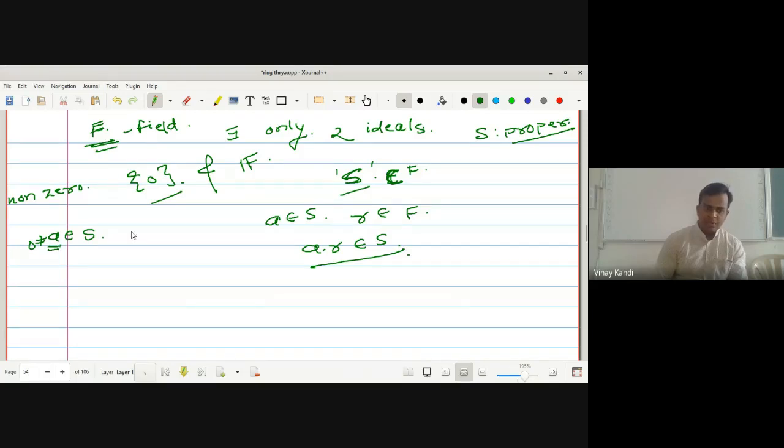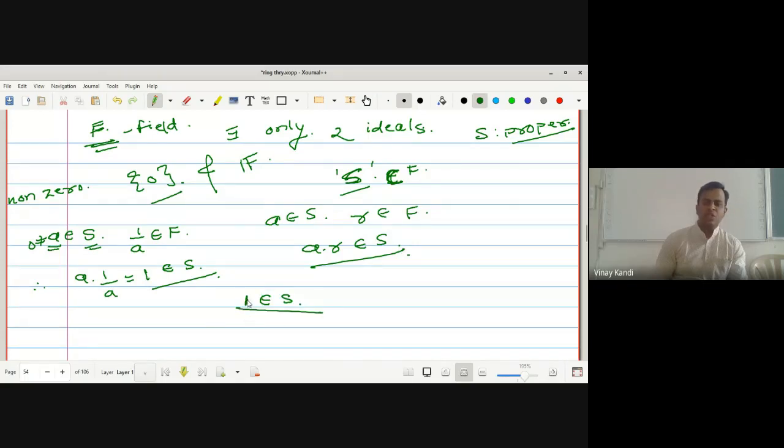So here 1 upon a belongs to F. Therefore a into 1 upon a is equal to 1. Suppose S is the ideal, what is the meaning of ideal then? That a into 1 upon a, that is equal to 1, belongs to S. So the multiplicative identity belongs to S.